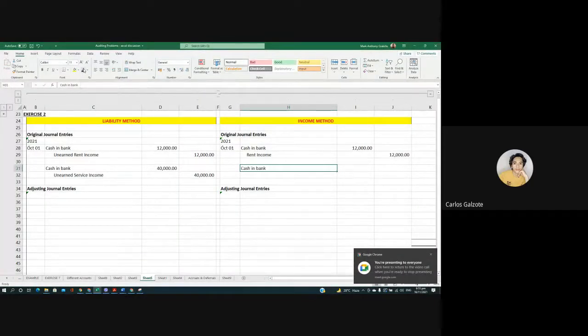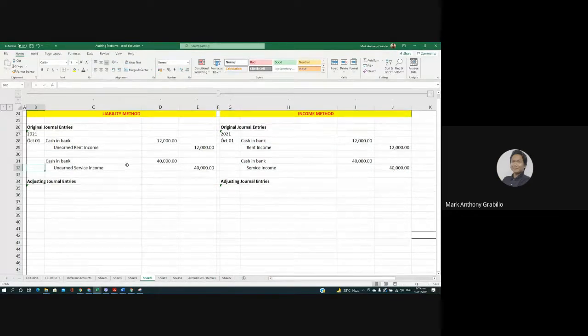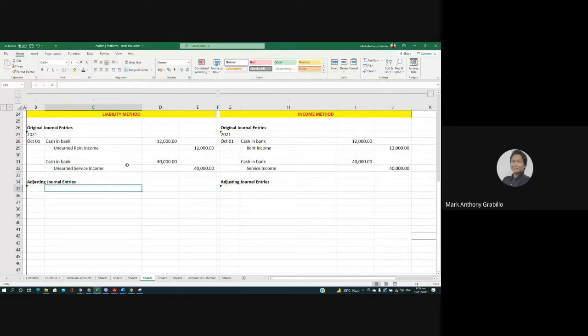Debit cash 40,000, credit service income or revenue 40,000. That's correct. So at the end of the year, syempre hindi naman to fairly stated. Kailangan natin ng adjustment in order to state it very fairly. So mag-create tayo ng adjusting journal entries at the end of the year.